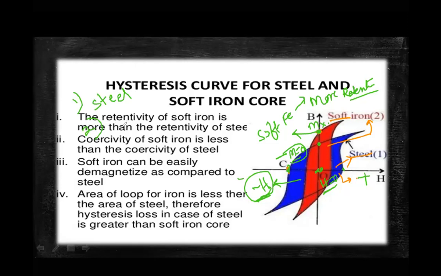Soft iron. Third question: which of these two metals has more retentivity? Soft iron. Very good. Fourth question: which of these two metals has less retentivity? Steel. So these four questions can be built from this graph.